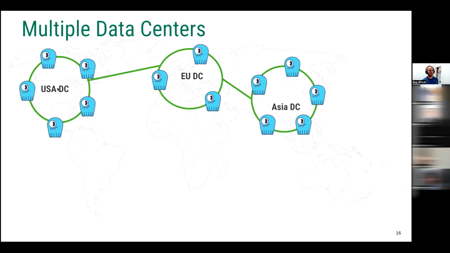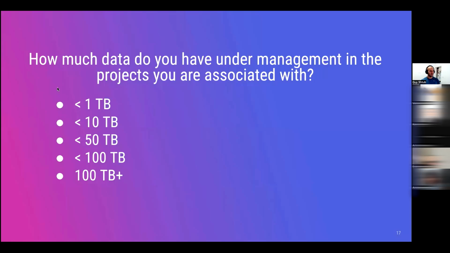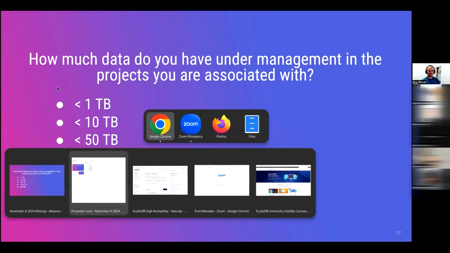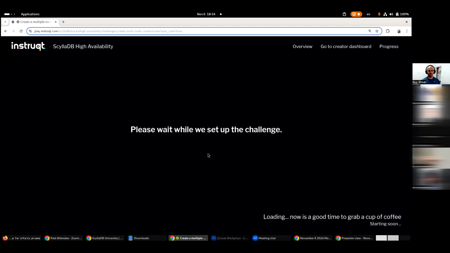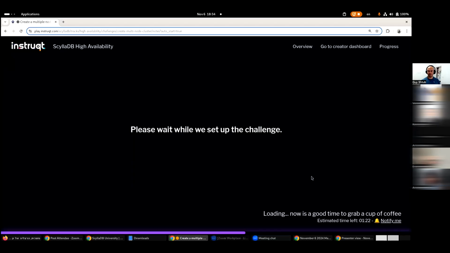If you can quickly answer in the chat window, how much data do you have under management in the projects you are associated with? So let's take a minute and answer that. Please answer in the chat window. Meanwhile, I will start this lab that I want to run later.